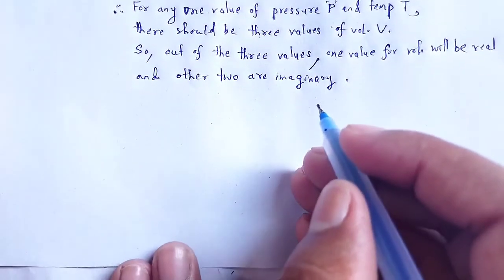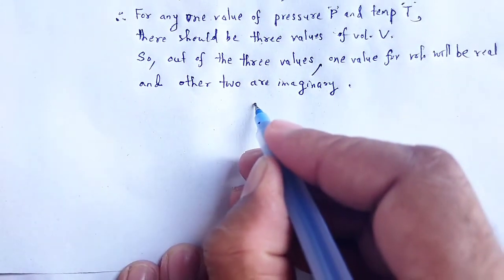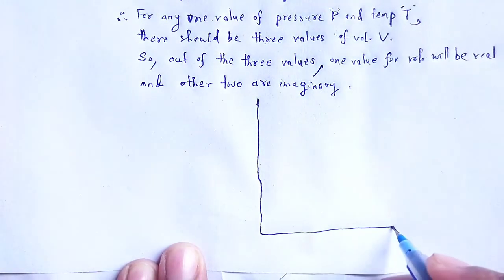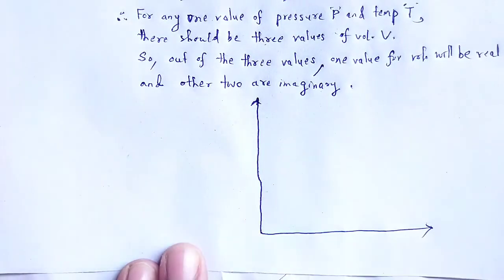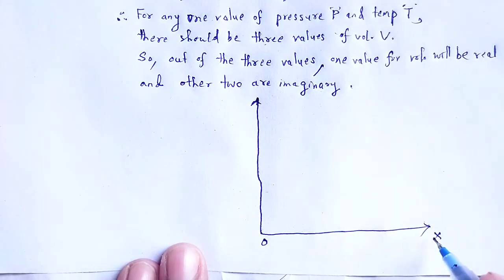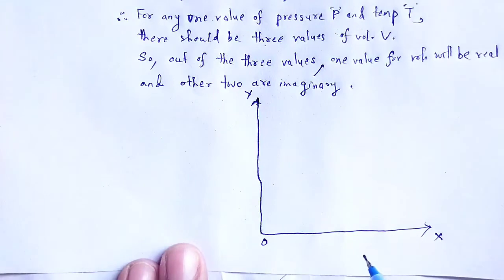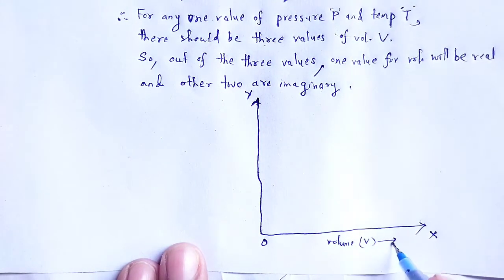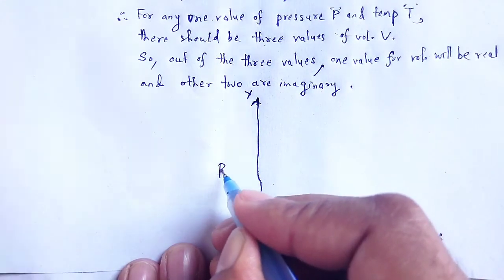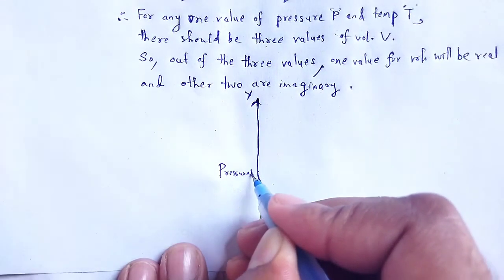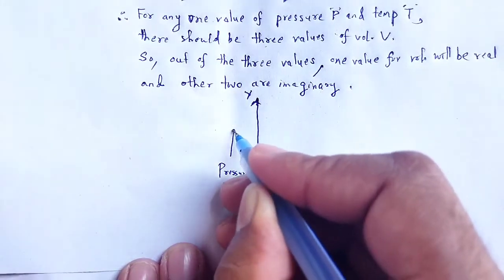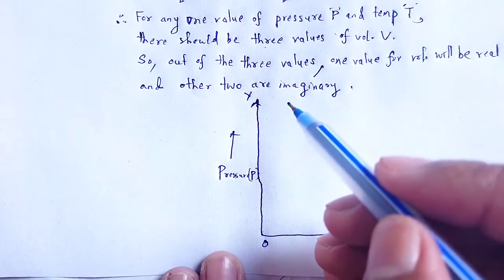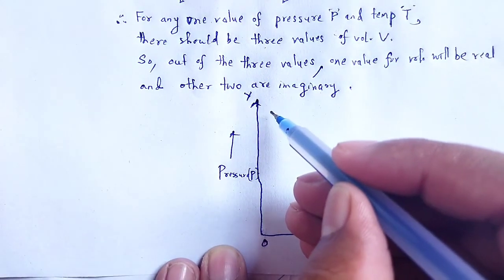If we draw the graph between volume V in the x direction and pressure P in the y direction at constant temperature, then the graph looks like this.